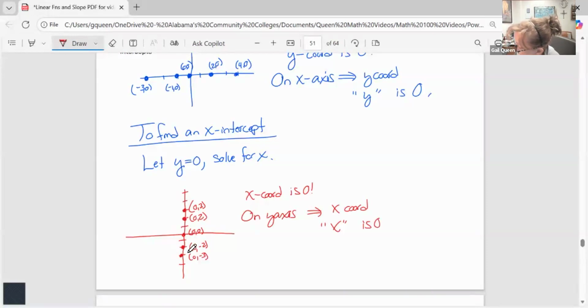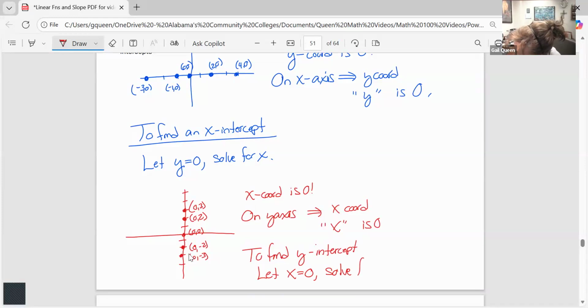Okay? So to find a y-intercept for any equation, if you want to know where it touches the y-axis when you're going to graph it, all you have to do is go to the equation and let the x in the equation be 0, and solve that equation for y.